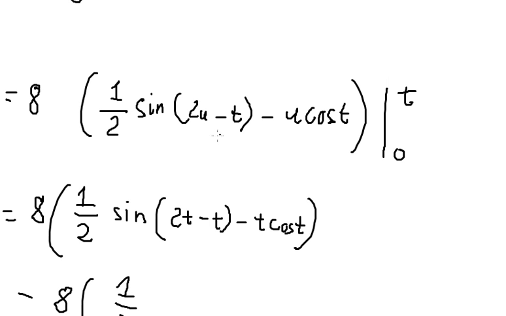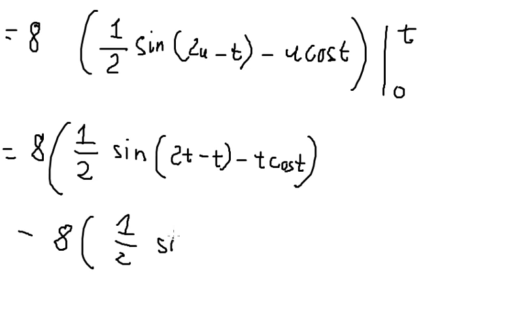So we have sine of negative t. We put 0 in here, so you get 0.